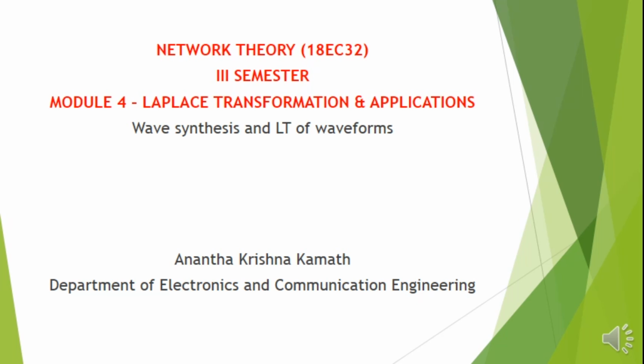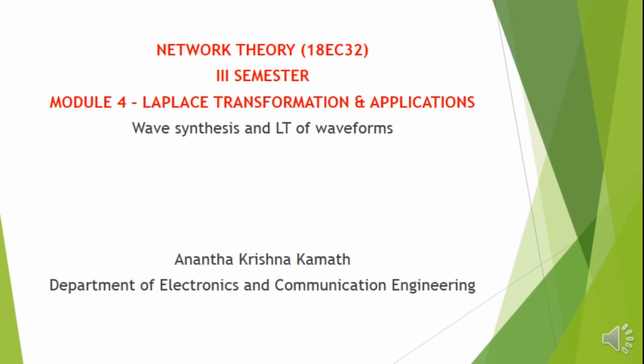To find out the Laplace transform of the given waveform, we need to synthesize the wave. Actually, wave synthesis means writing the mathematical expression for the given waveform. Because to find the Laplace transform of the given waveform, we need to identify the mathematical equation which represents the waveform.